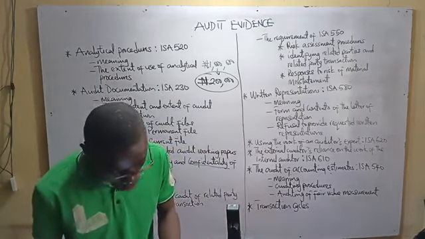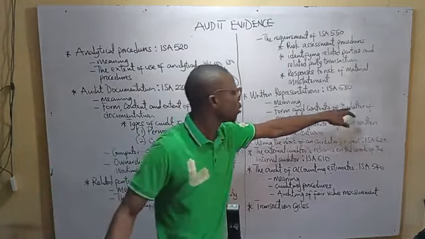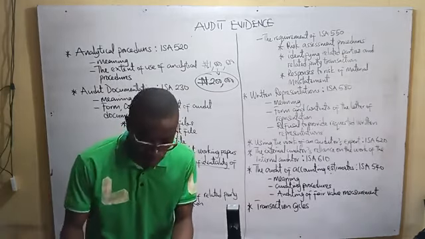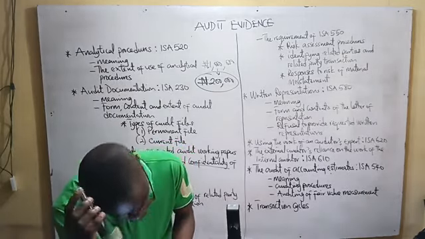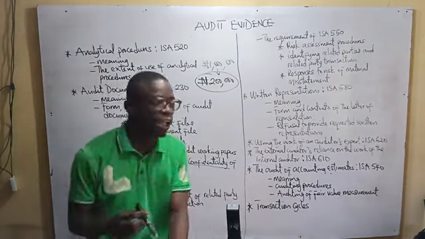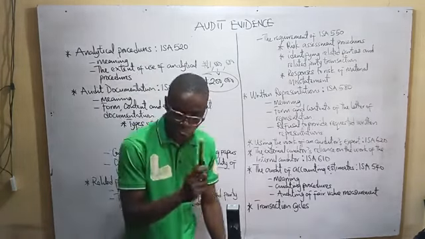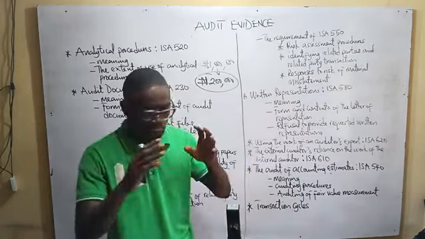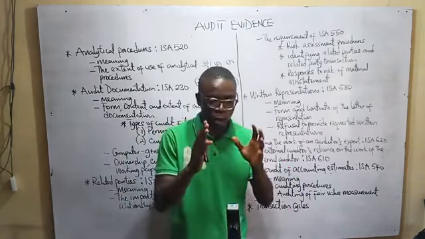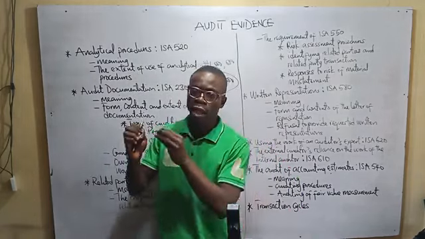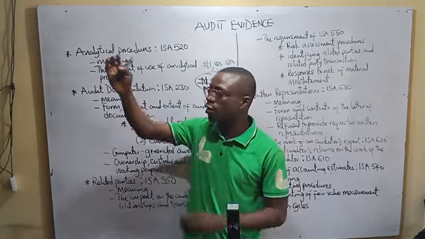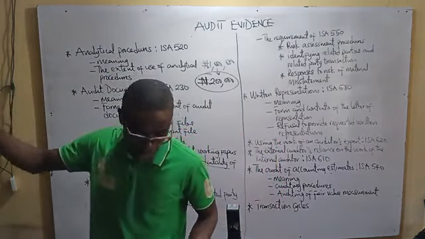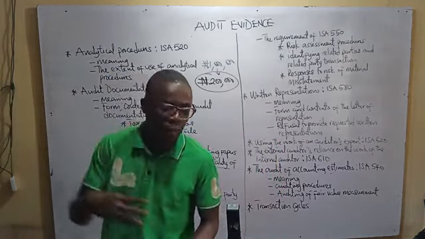Now let's go to the forms and content of the letter of representation. Now, the letter of representation is actually drafted by who? By the auditor. The auditor would look at the areas and say, okay, these are the areas that I require written representation from.